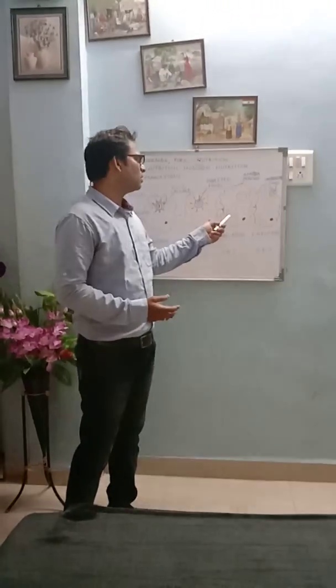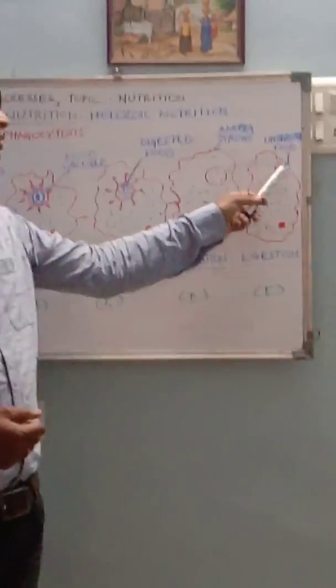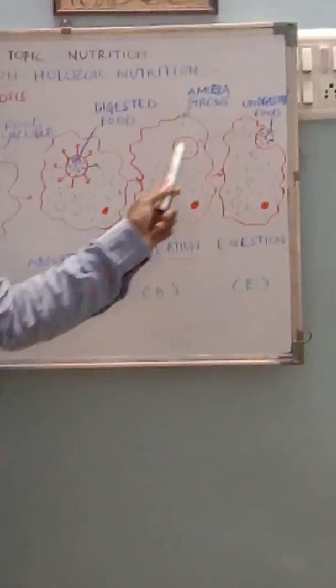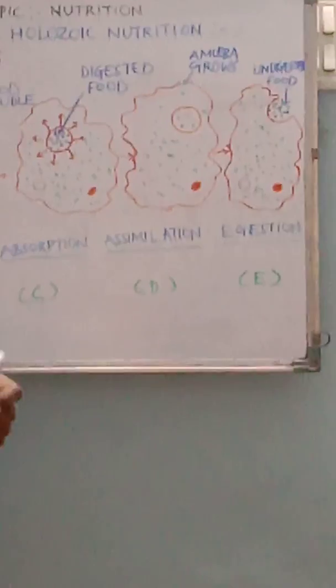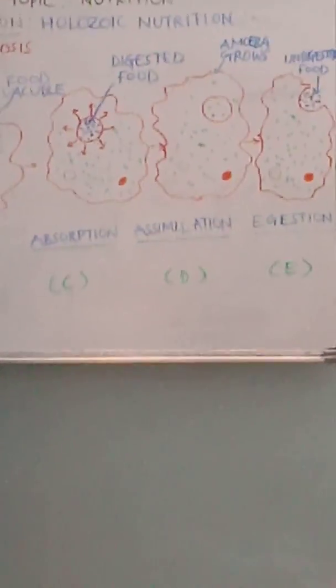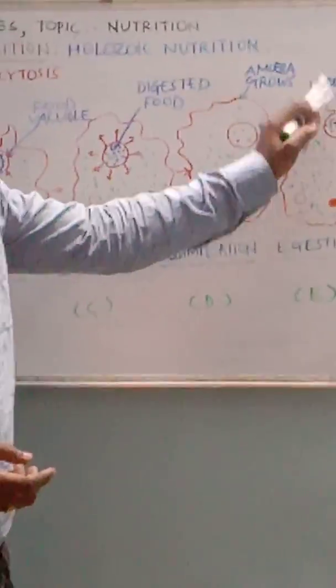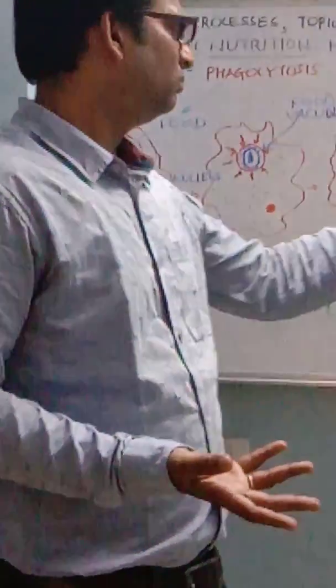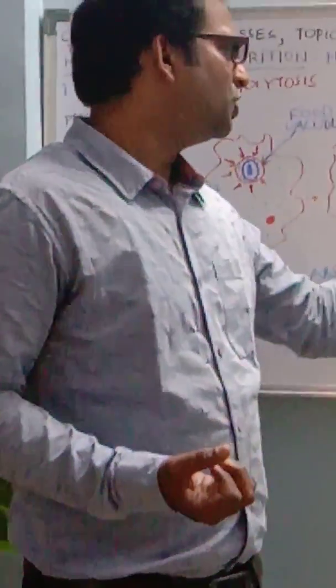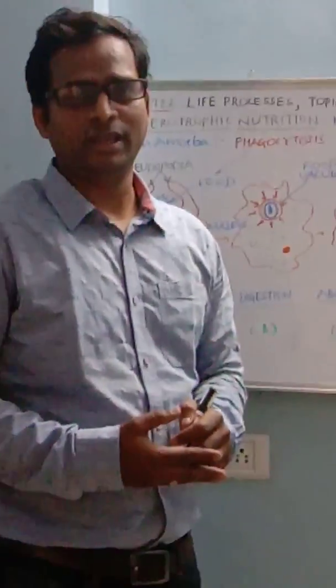And here in case of amoeba, the undigested food is removed now by the same food vacuole, so it travels towards the border and it ruptures, and the process can also be called as exoosmosis or can also be called as egestion. And this is how the undigested food is eliminated or removed out of the body.